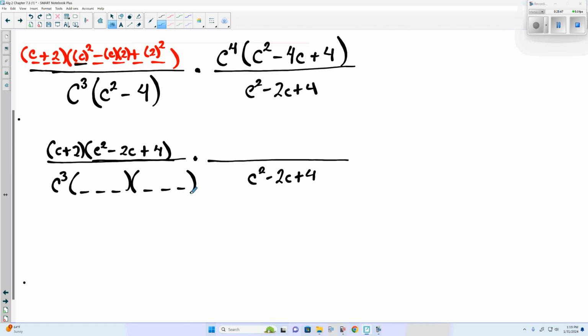First one we have is c squared minus 4. This is a special type of quadratic. We call it what? A difference of perfect squares. We have subtraction, so the signs are opposite. What times itself is c squared? C and c. What times itself is 4?